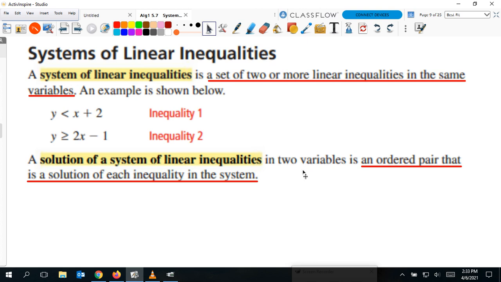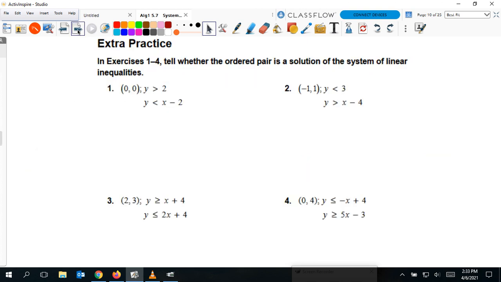Alright, you're going to copy those down first. We'll go on to our next part, which is to identify some solutions. Tell whether the ordered pair is a solution of the system of linear inequalities. We often talk about equations so much that it almost seems commonplace to say equations.